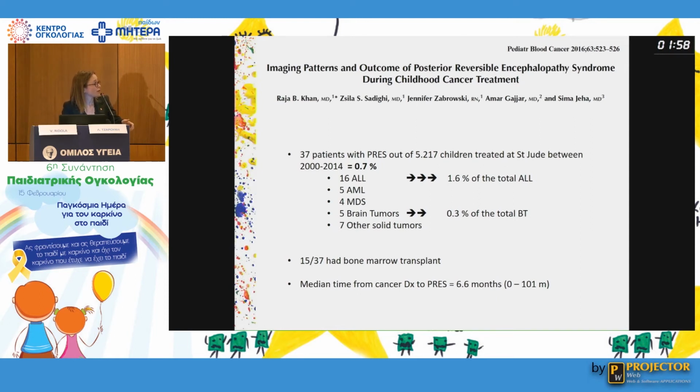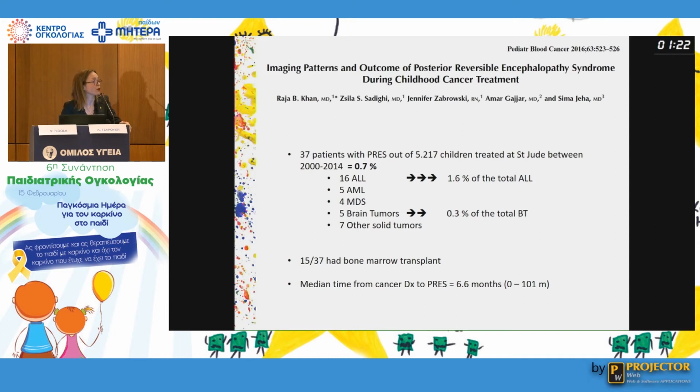The majority of them had acute lymphoblastic leukemia, which leads to a prevalence of 1.6% of PRES in the total ALL population. They also had 5 brain tumors, with an estimated prevalence of 0.3% of the total number of children with brain tumors.